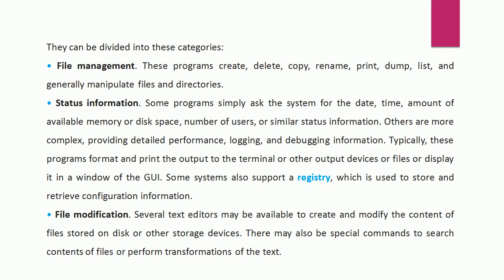These programs format and print the output to the terminal or other output devices or files, or display it in a window of the graphical user interface. Some system programs also support a registry, which is used to store and retrieve configuration information.